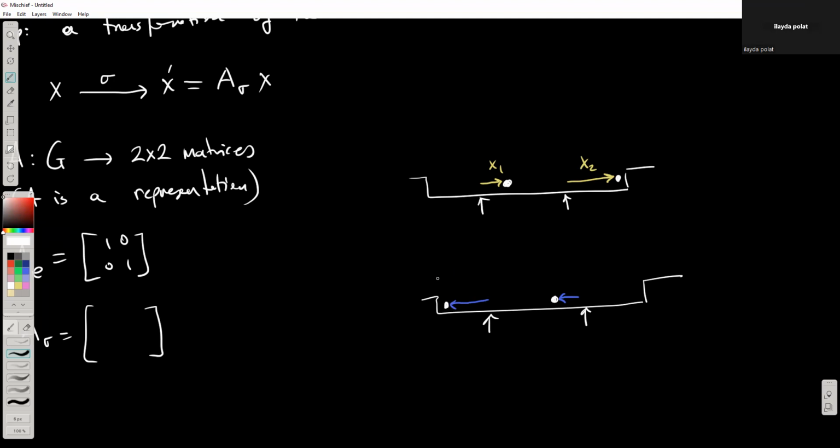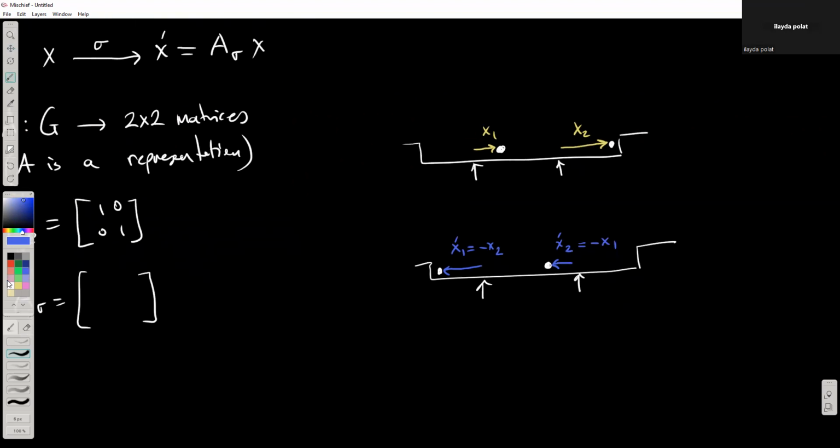In any case, in here, I'm basically going to get a new position for the first particle, which is equal to the negative of the original position of the second particle, right? So x1 prime is equal to minus x2, and in the transformed configuration, the second particle's position is equal to the negative of x1.